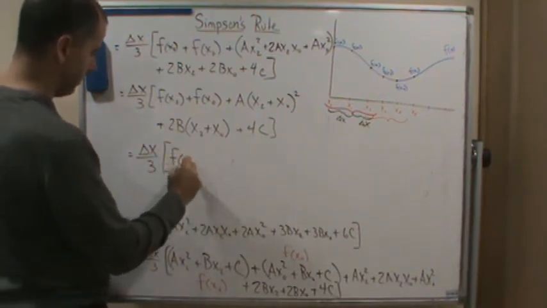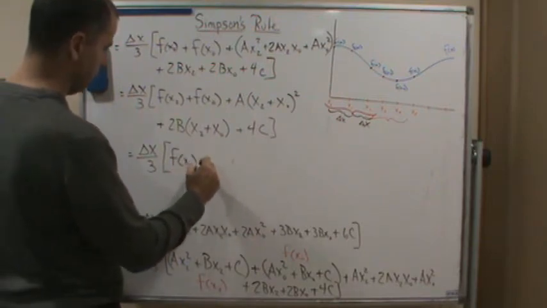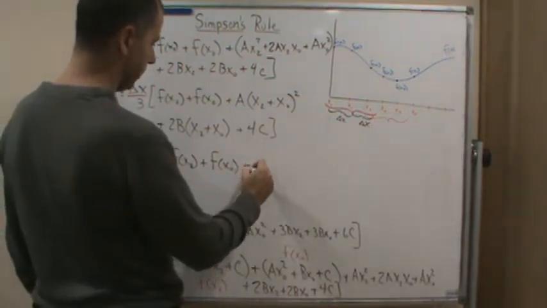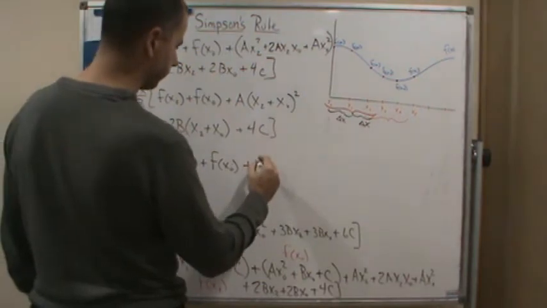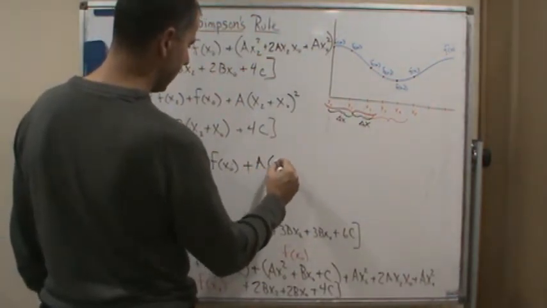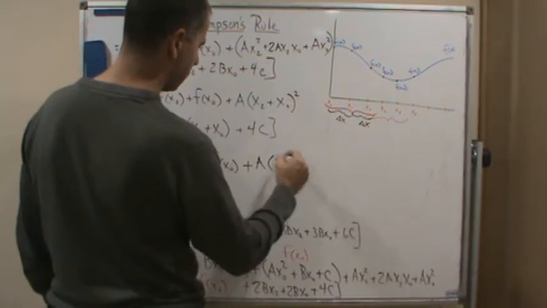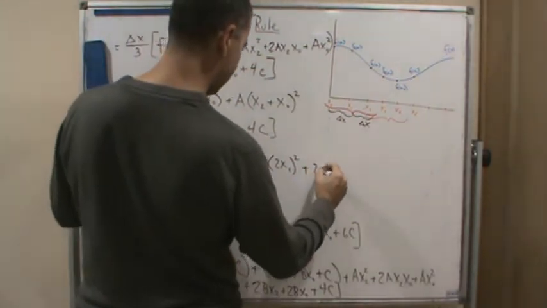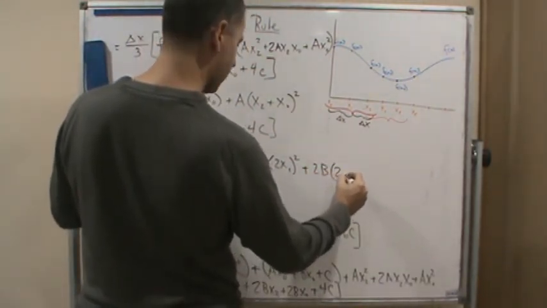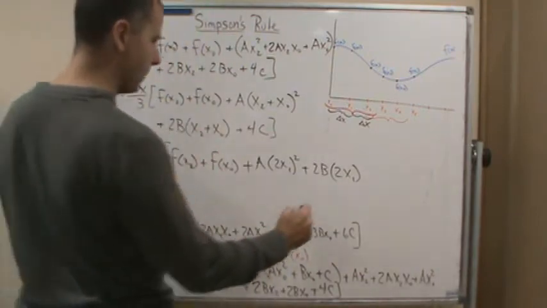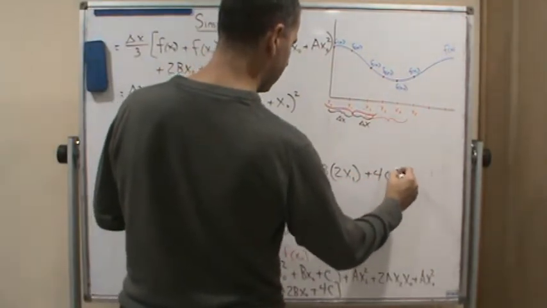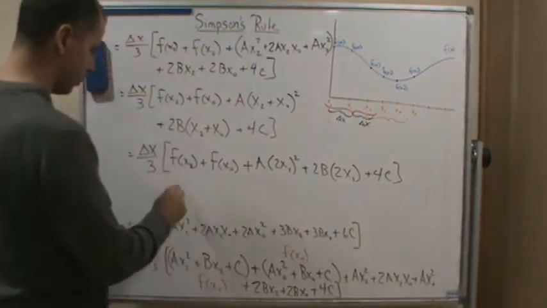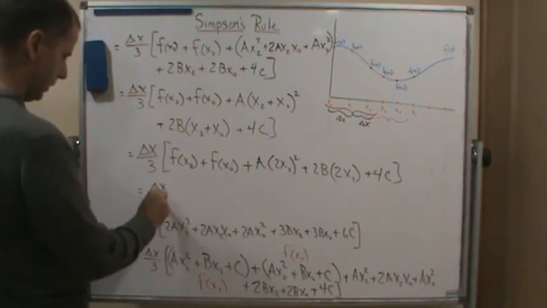And so I get f of x2 plus f of x0 plus a times 2x1 squared plus 2b times 2x1 plus 4c. And now, this is going to give me a 4x1 squared. So this is going to equal delta x.